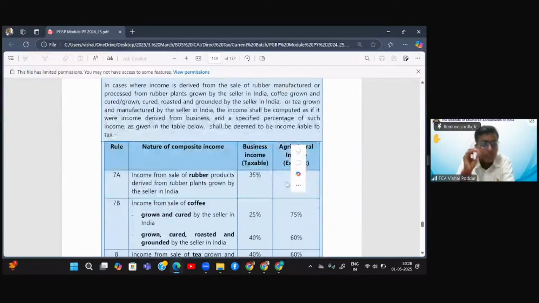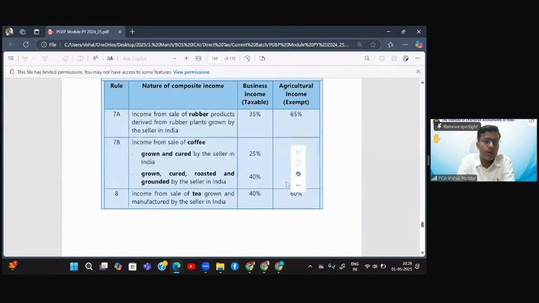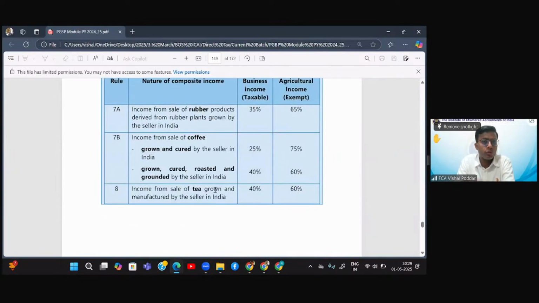Similarly, a person who is engaged in composite business. What is composite? Where I am doing manufacturing also and agriculture, that is growing also. Example, like here you can see coffee, tea. A company like Tata Tea, a company like Red Label Tea, a company like Brew or Nescafe, they are also having their plantations where they are growing these plants, the tea plants, the coffee plants, like you have even rubber over here.